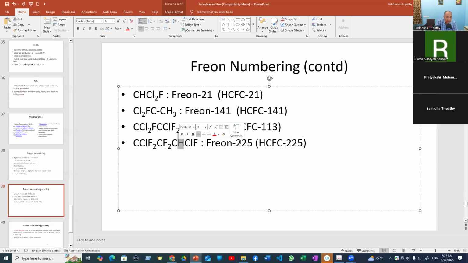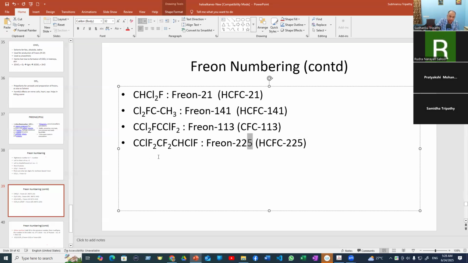And here, 2 means you have to add 1 to get the real number of carbon atoms. Not this number will indicate the number of carbon atoms. This plus 1 is the number of carbon atoms, and this minus 1 will give you the number of hydrogen atoms. And this is the number of fluorine atoms. And the rest, chlorine, you can attach.